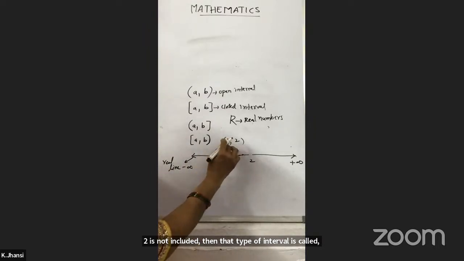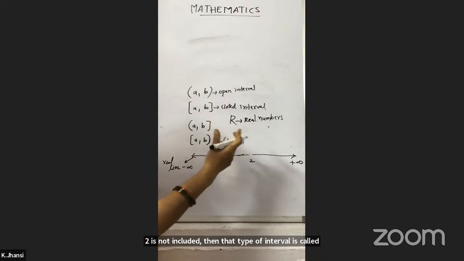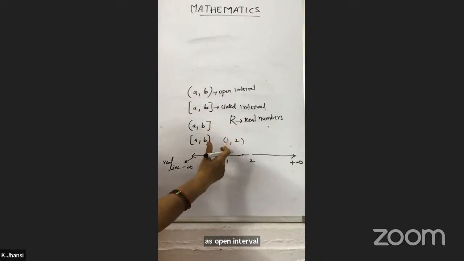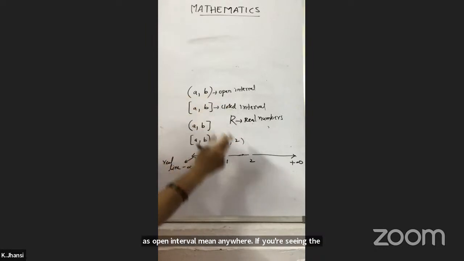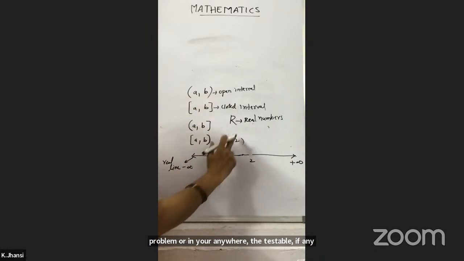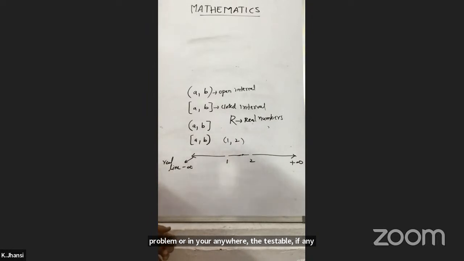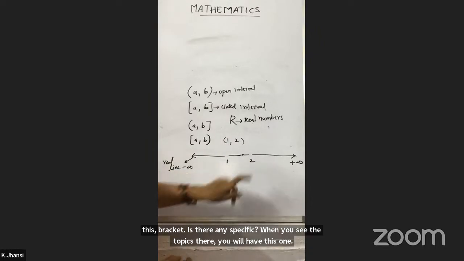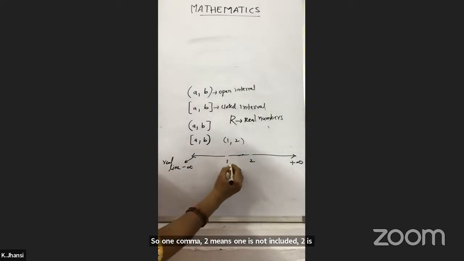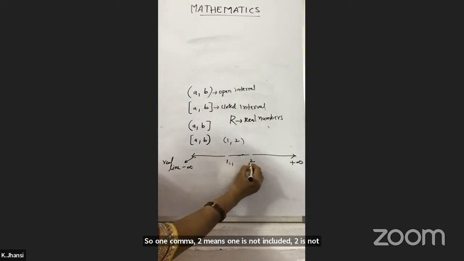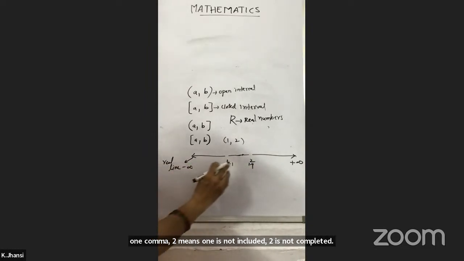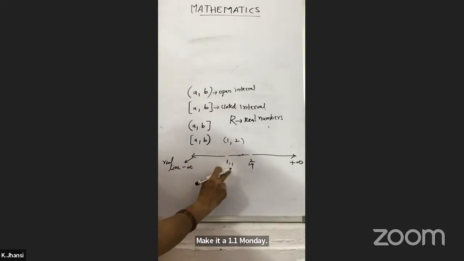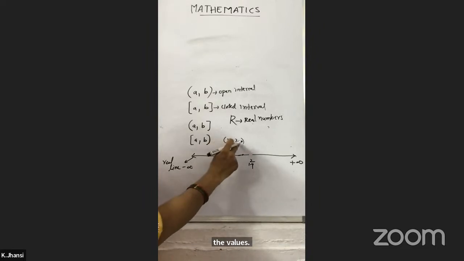Anywhere if you see in a problem or in the textbook, if any points are there like (1, 2) with this bracket, it means 1 is not included, 2 is not included. Like 1.1 up to 1.9, you will have all the values, but you will not have 1 and 2.